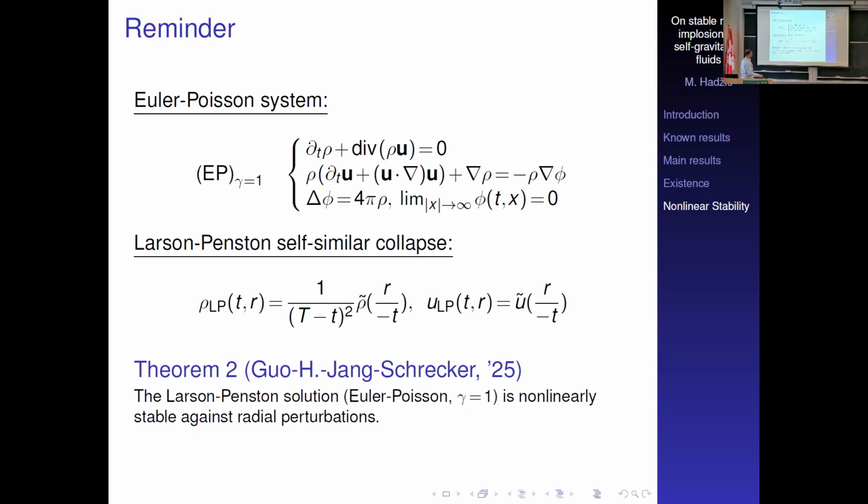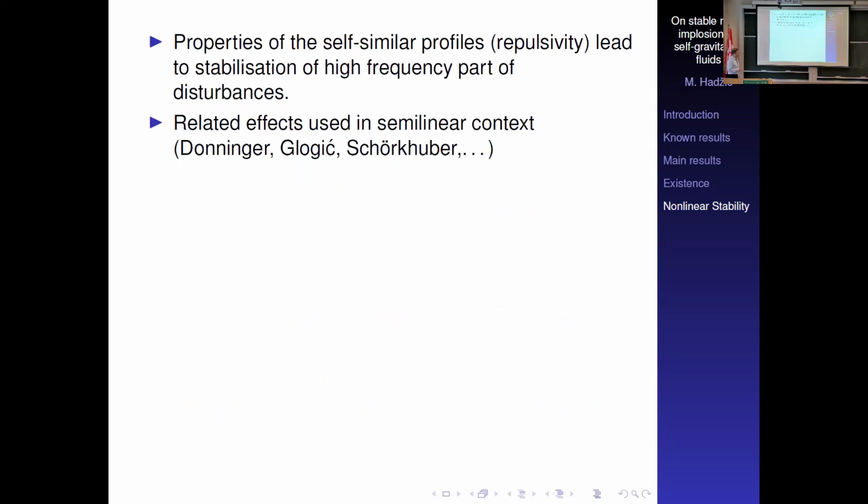So the claim is that this solution is non-linearly stable against radial perturbations. Remember, this features a sonic point, and in a nutshell, you have to understand to what extent features of the background steady state are relevant for this stability analysis.